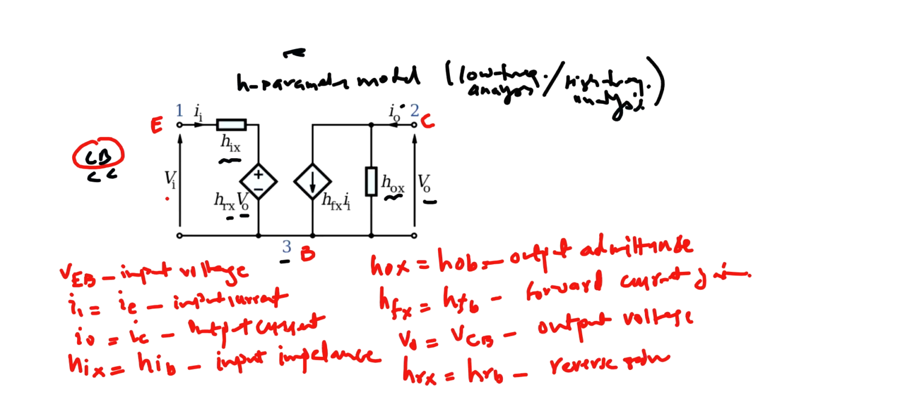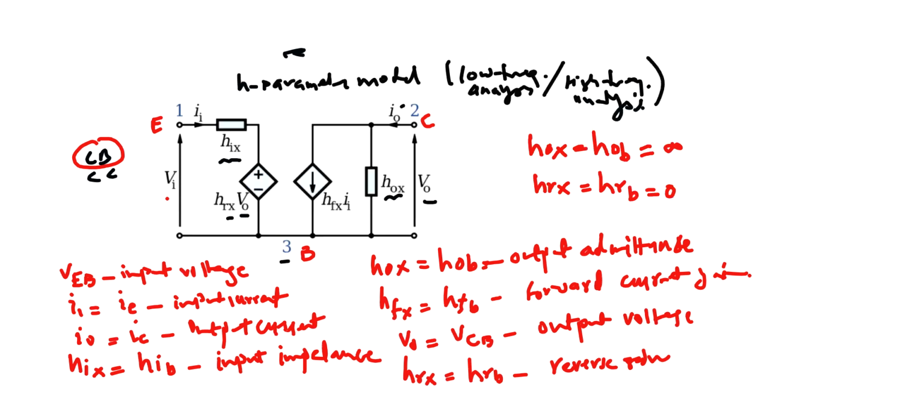Usually we say that the output impedance, which is the reciprocal of the output admittance HOB, is in the ideal case infinite. And HRX, which is the reverse gain, is ideally zero. We assume that there is no reverse gain, we only have a forward gain. In that situation, your model is translated into a simple one.